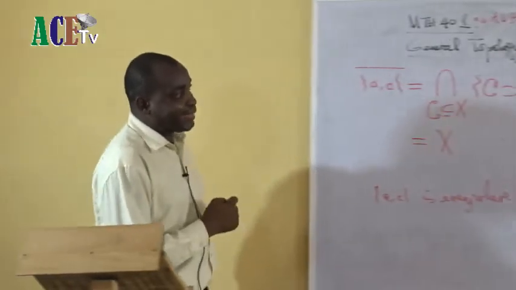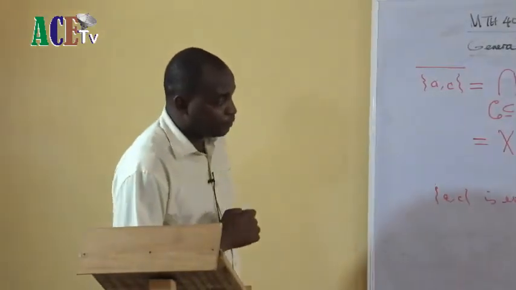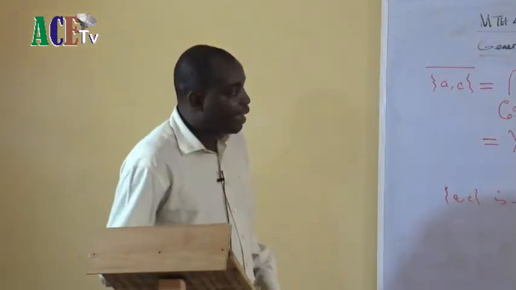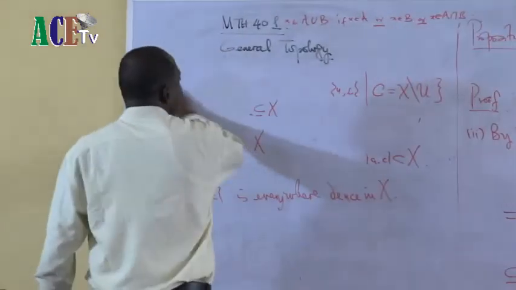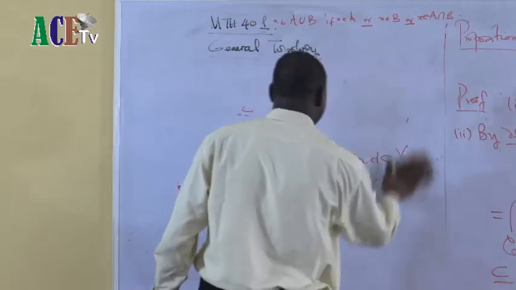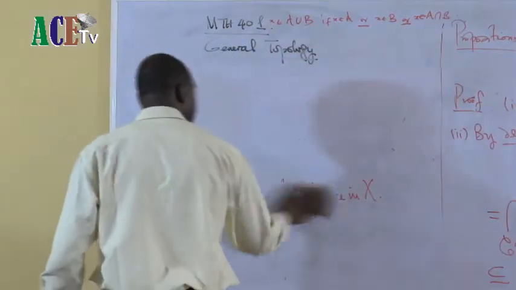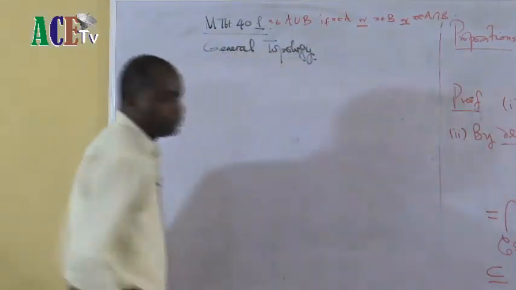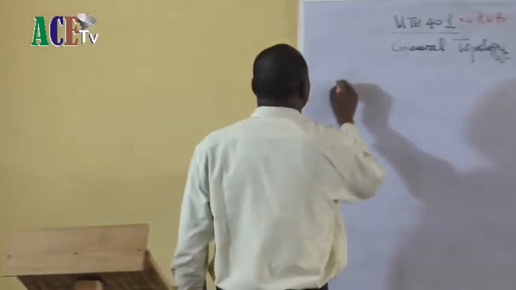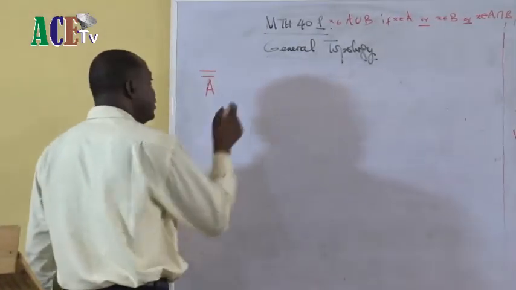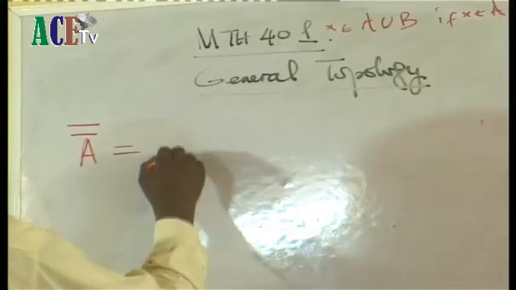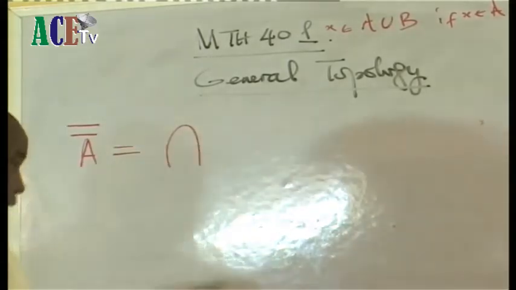Now we look at number 3. Let's see how we prove that. The closure of closure simply means intersection by definition.